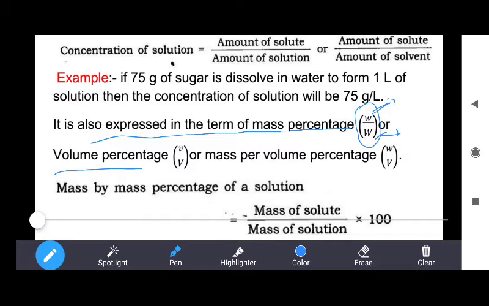Similarly, you can also express it as volume percentage, here V upon V, where small v means volume of solute and capital V means volume of solution. And you can also express it as mass by volume percentage, in which you take W upon V, where W is the mass of solute and V is the volume of solution. So these are the expressions through which you can express the concentration.